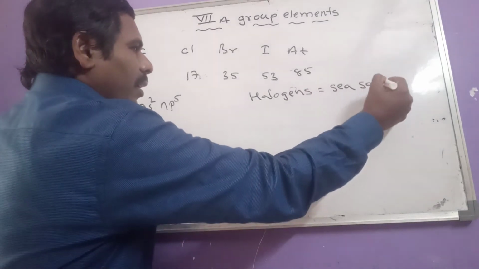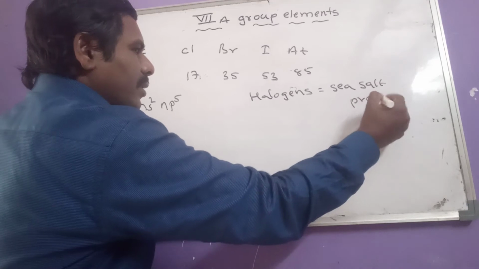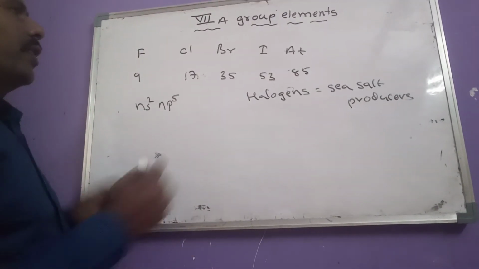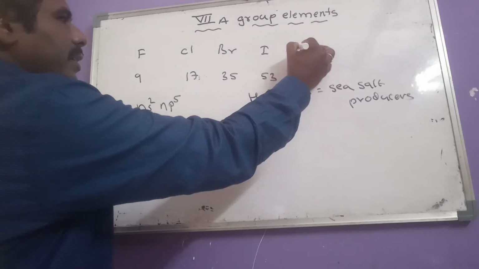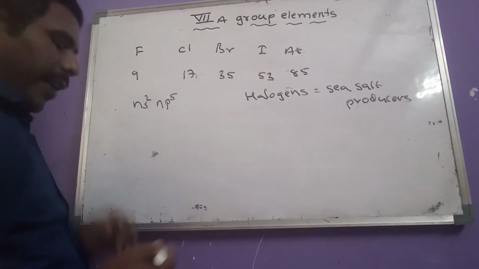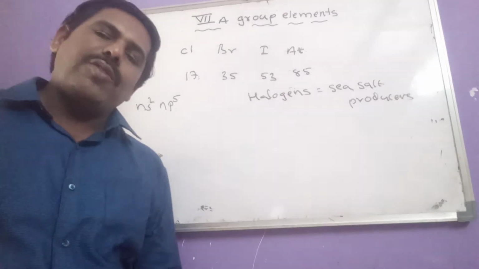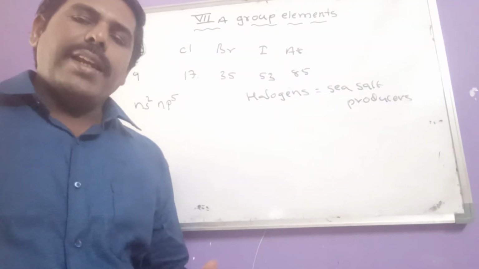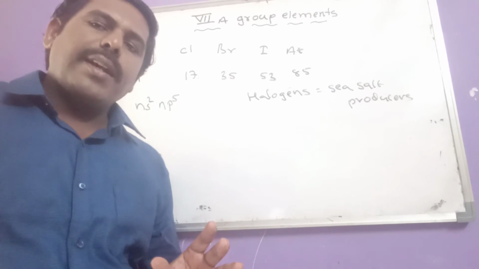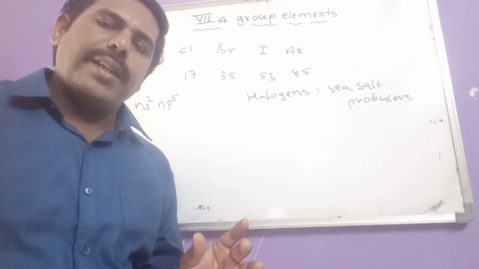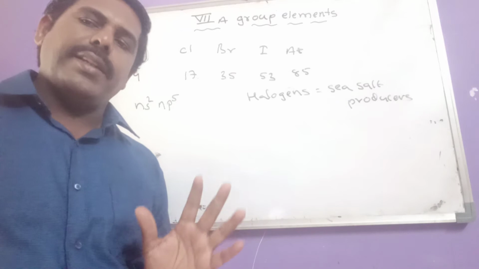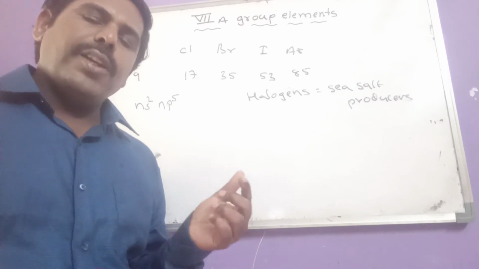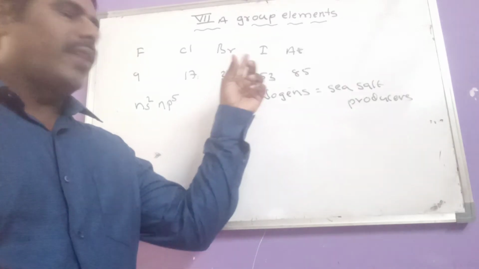Why? Because they are sea salt producers. That means they produce sea salts, that means they are more available in sea water. For example, if you consider NaCl, seawater contains 25% by mass of NaCl, and seaweeds contain 0.5% of iodine.